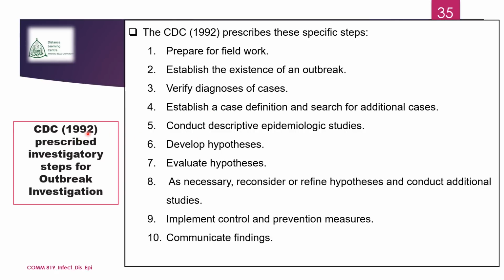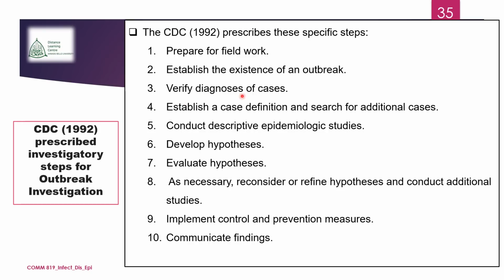The CDC in 1992 prescribed some investigatory steps for outbreak investigation. According to their prescription, one, you need to prepare for field work. Then establish the existence of an outbreak. You need to confirm, just like in Evans, that an outbreak actually occurred.